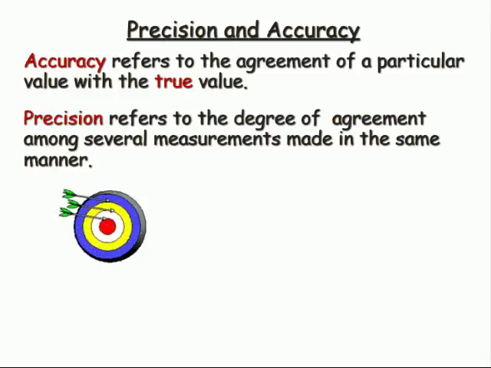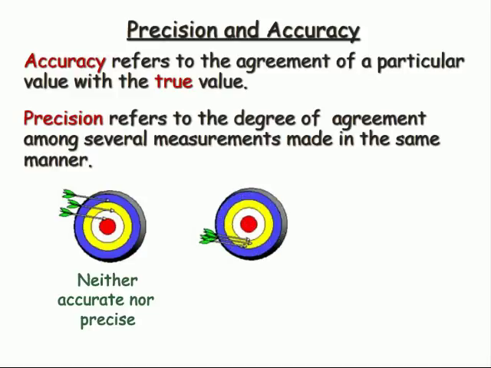So if we use the good old-fashioned example of a bullseye with some arrows, if I have this particular grouping of 3 shots, I'm not very accurate because I'm not very close to the bullseye, and I'm not precise because I'm hitting in 3 different areas of the target. Here, I have a pretty close grouping, but I'm not very close to the bullseye.